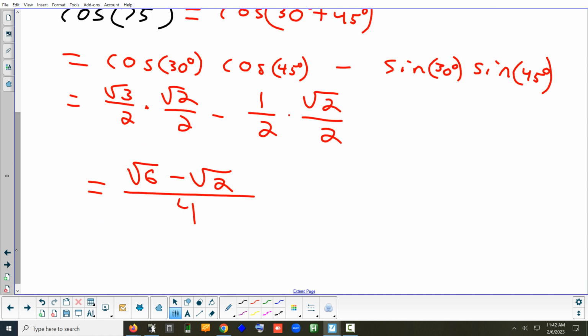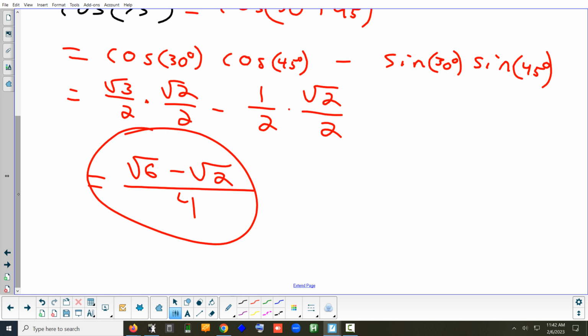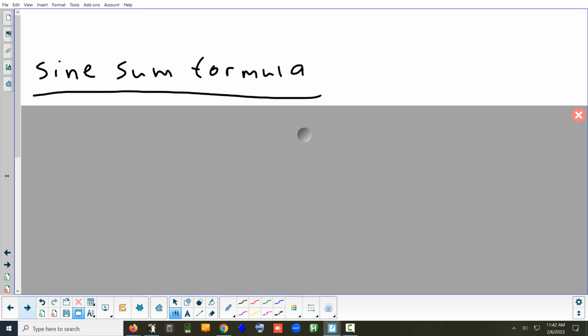Sometimes it's plus square root of 2, sometimes it's minus, but it's usually something like that. Any questions on that? Okay, so that's how you can do the exact value of cosine using a sum.